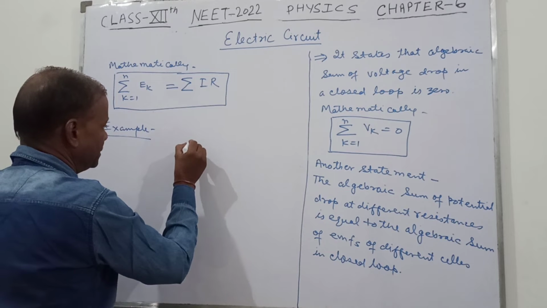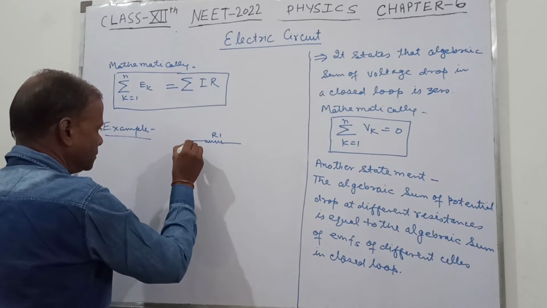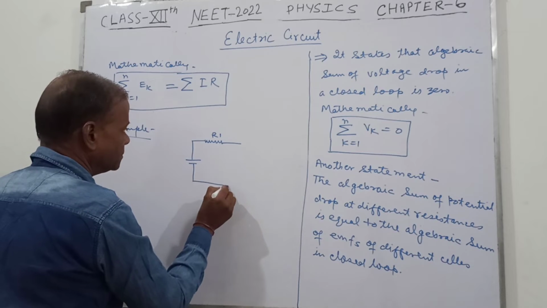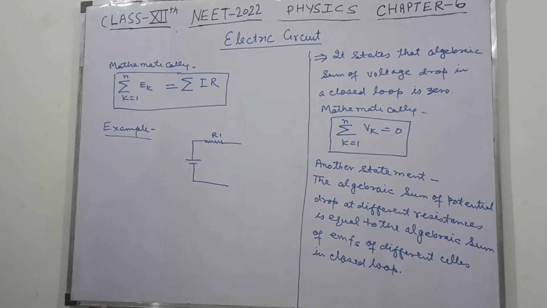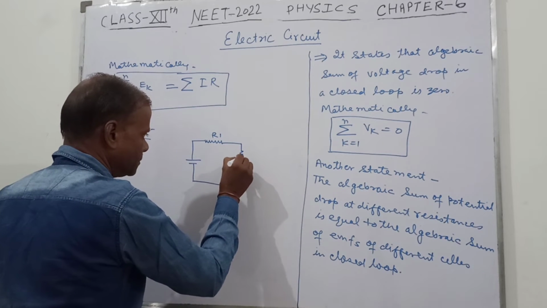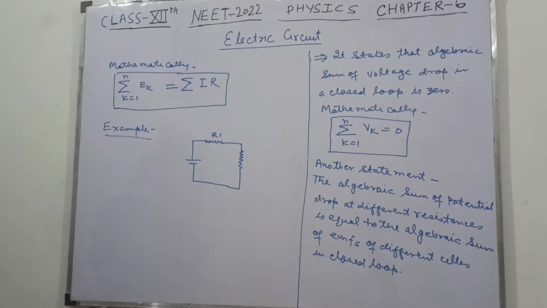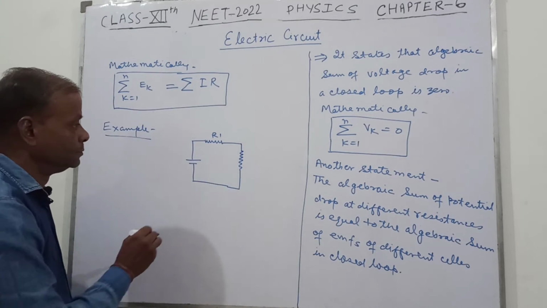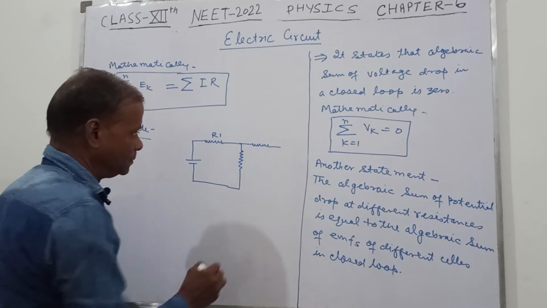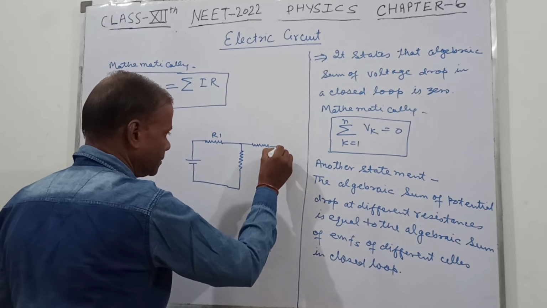Let this be a resistance R1. This is a cell. This is a resistance, and this is another resistance.